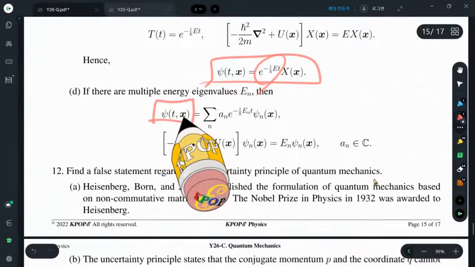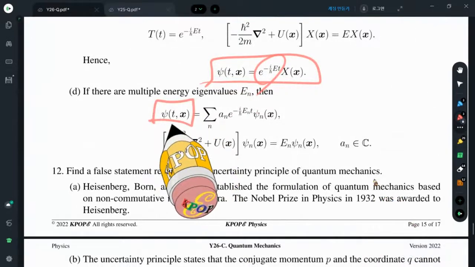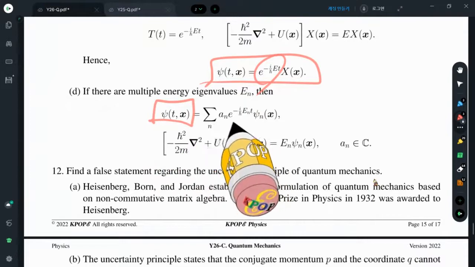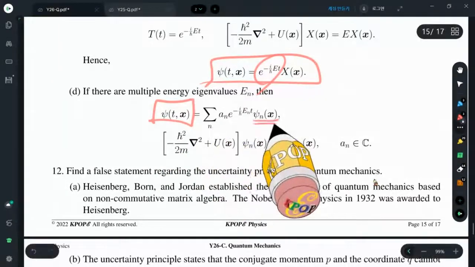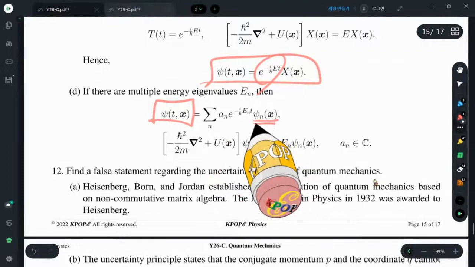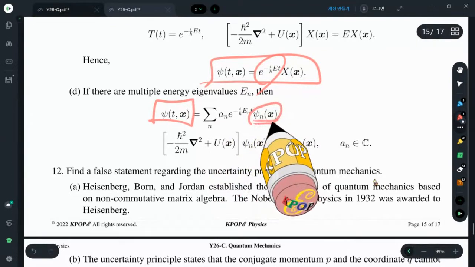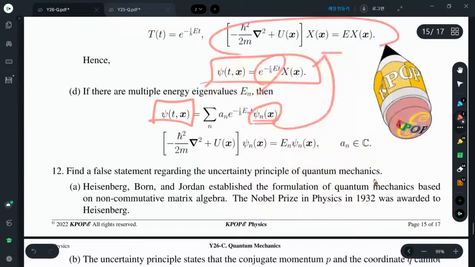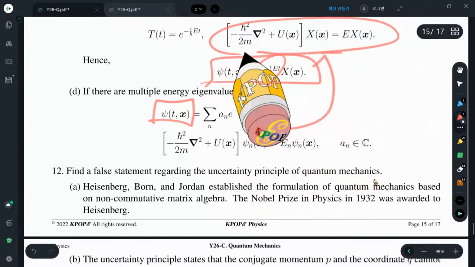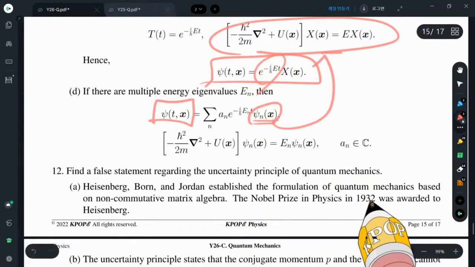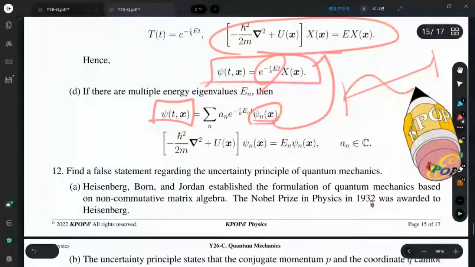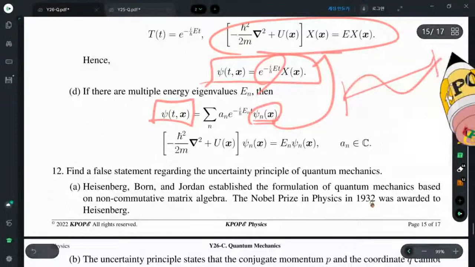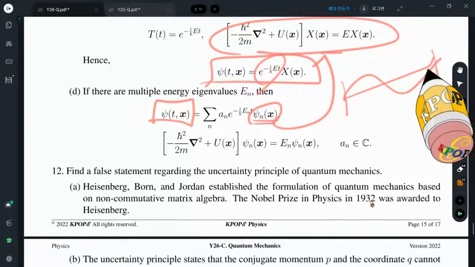The full time and spatial dependence of the wave function can be expressed as a linear combination of partial waves, and this x-dependent term satisfies the time-independent Schrodinger equation. Actually, when we learned the vibration of a string, it has various normal modes.